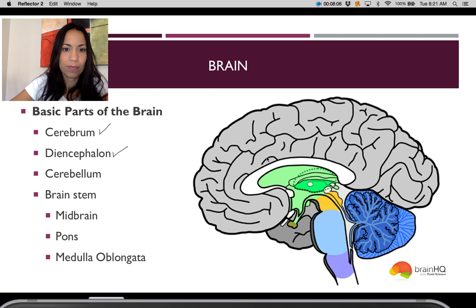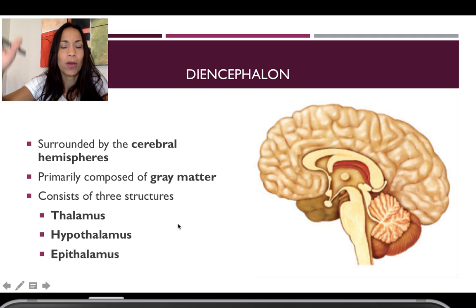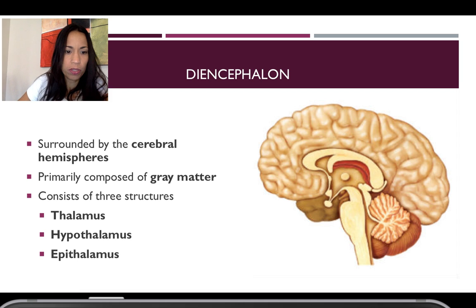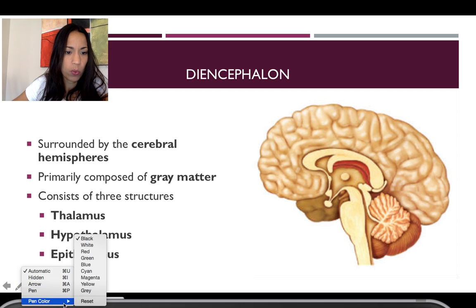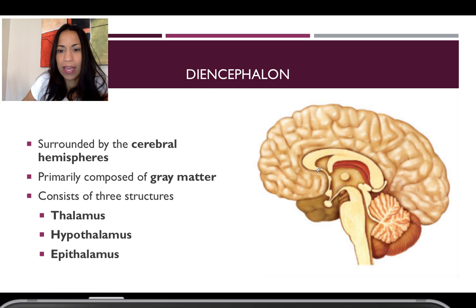Now, the parts of the diencephalon. Which are the parts of the diencephalon? We have this oval part in here. So this is what I just showed you. That's the thalamus.